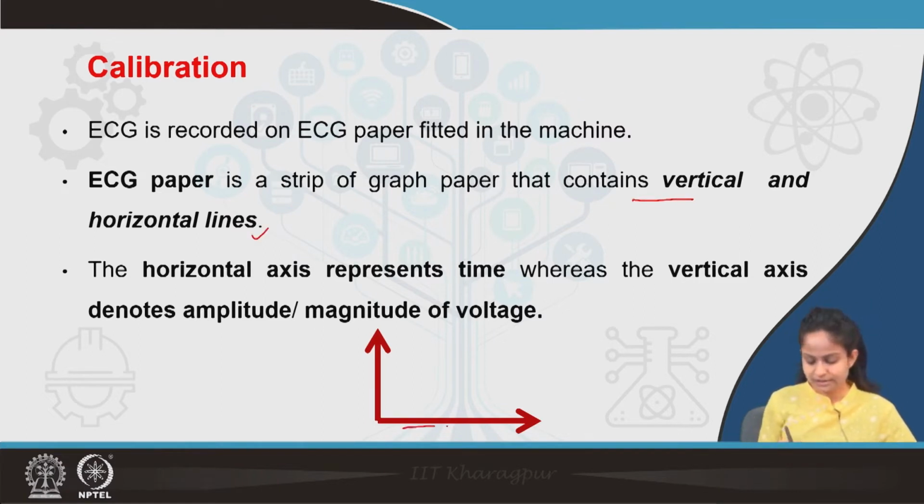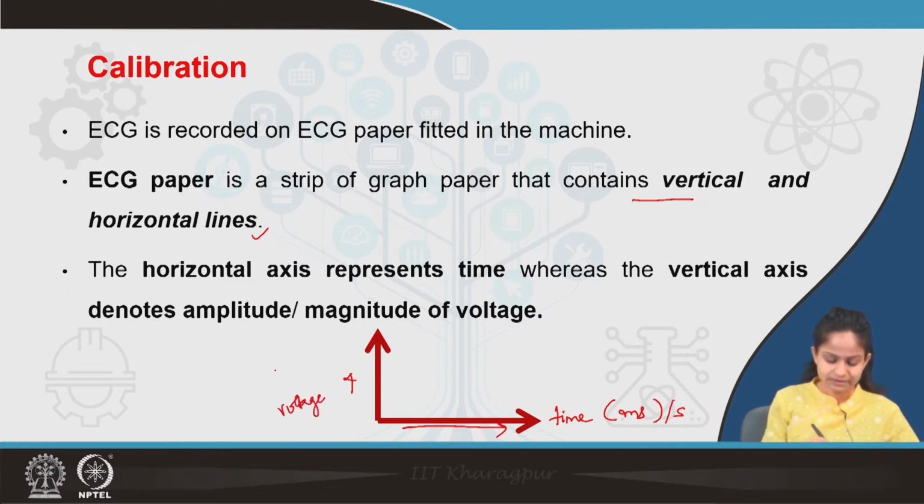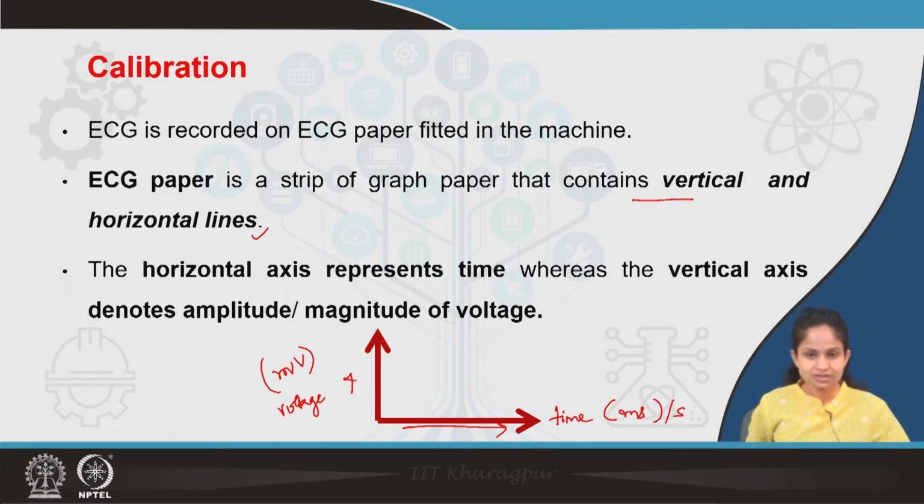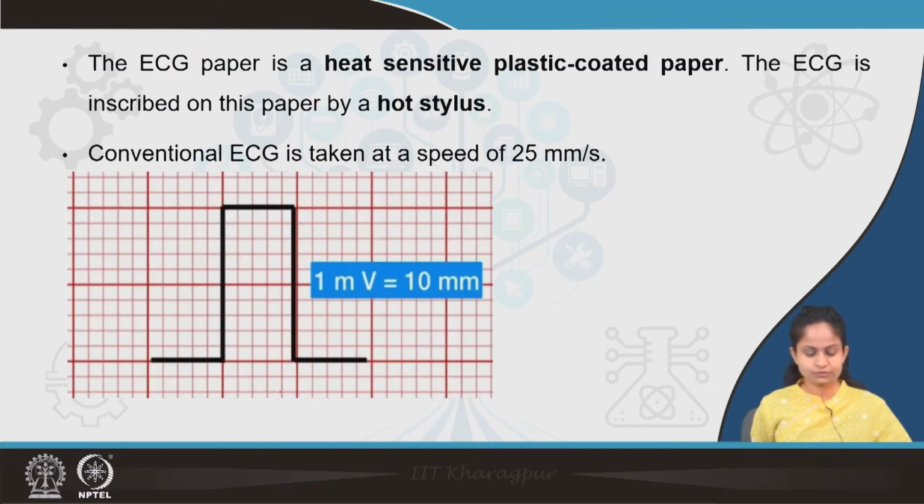Now, the horizontal lines denote the time, which is usually represented in milliseconds or seconds. The vertical lines denote the amplitude or the voltage, which is usually represented in millivolts. So, the horizontal axis gives you the time, and the vertical axis gives the voltage, the deflections or the amplitude.